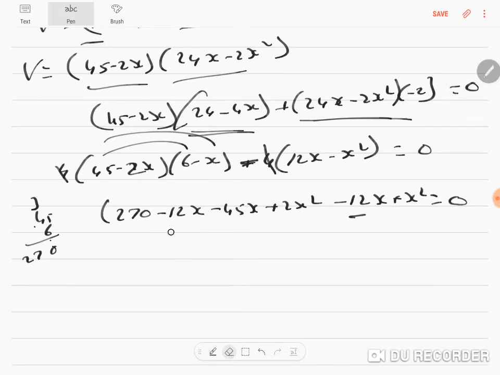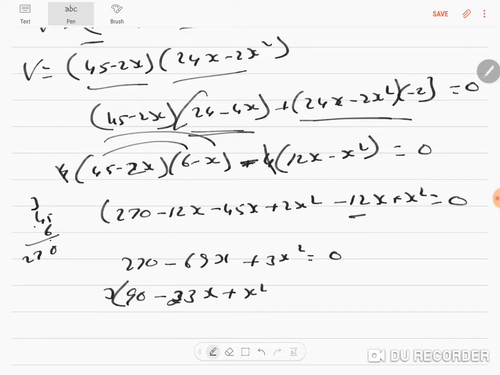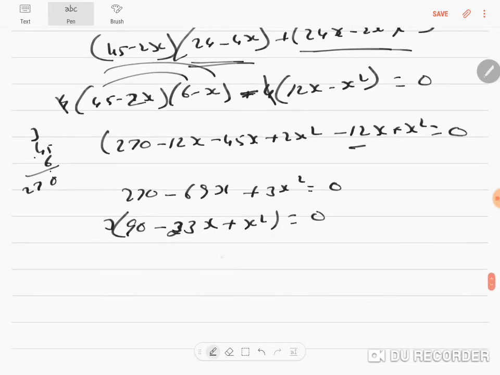So you get 270 minus 69x plus 3x square is equal to 0, from which you can take common 3. 90 minus 23x plus x square is equal to 0. So then you can take the negative sign, it's just x square minus 23x plus 90.